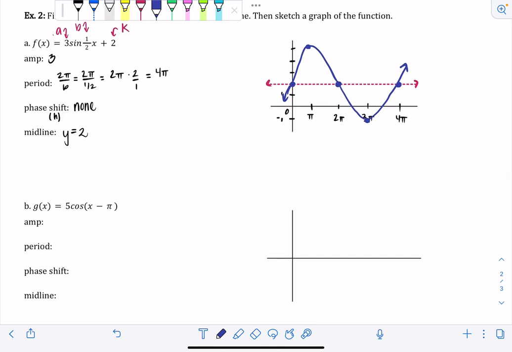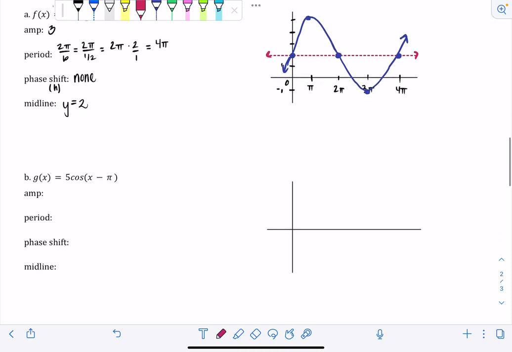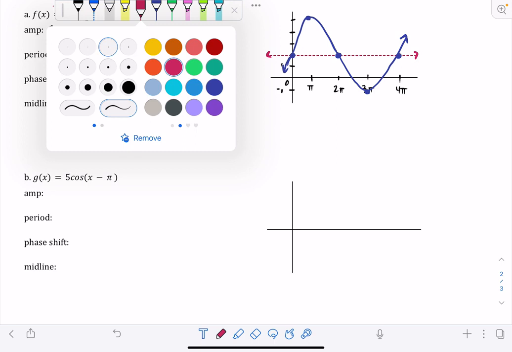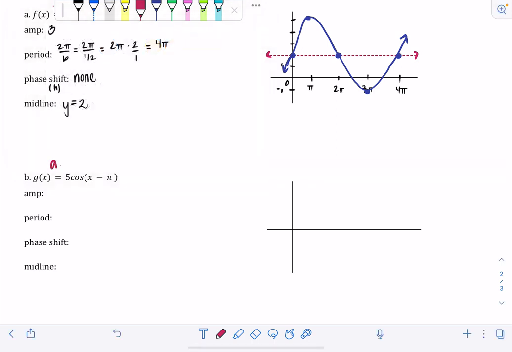Okay, so for b, it's g of x equals 5 cosine of x minus pi. So same thing, go through and figure out what each different variable is. In this case, a is 5. There's no number between the cosine and the x, so that means b is 1. If you don't see a number there, b is 1.